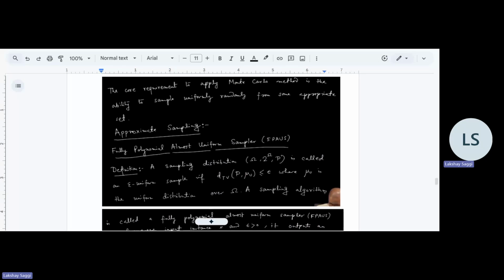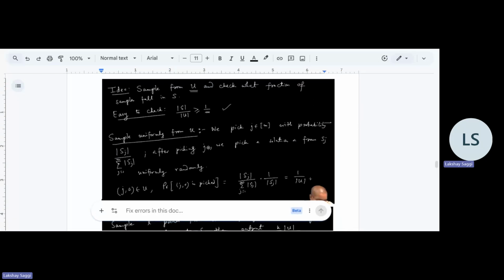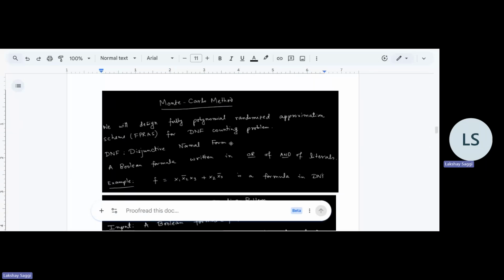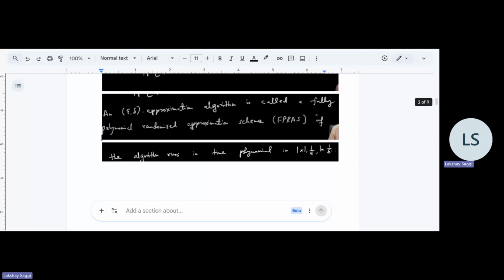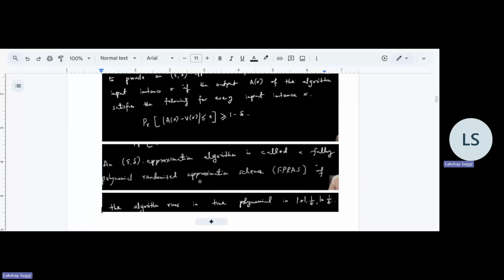So for that, there is another notion which was discussed in the lectures, called approximate sampling. Right now, we had a uniform random sampler, and we were trying to approximate the target values. For example, we are trying to approximate this value v of x, and we are trying to provide an approximation for this v of x via our algorithm a of x.